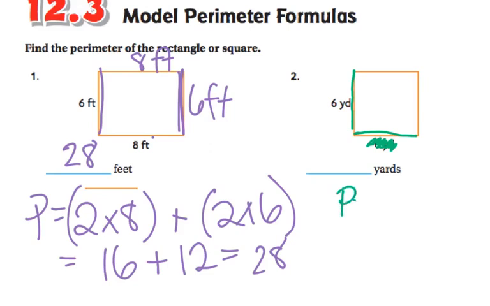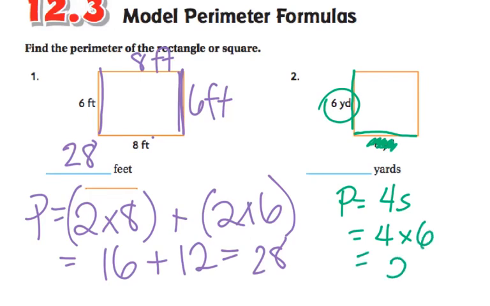Okay, so on our chart before, we saw 4s, which means 4 times the side length. So we can simply write it as 4 times the side length of 6, which would be 24 yards. So my answer would be 24 yards.